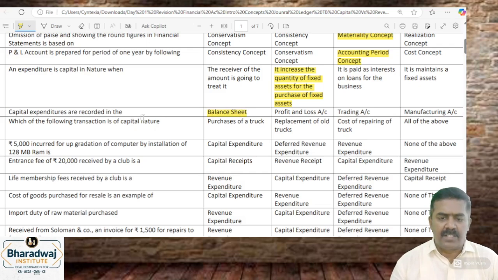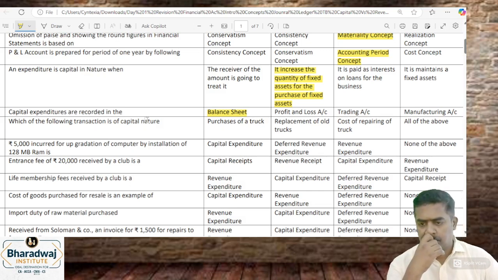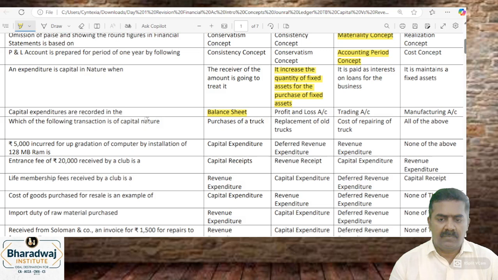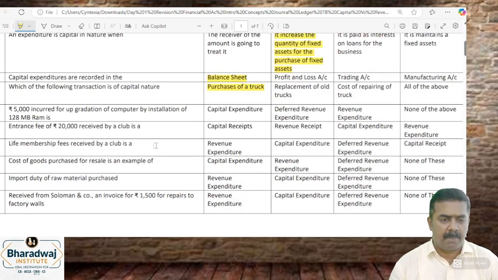Which of the following is a transaction of capital in nature? Purchase of the truck. Replacement is just like a revenue expenditure. Repairing is like a maintenance expense. Purchase of the truck is capital expenditure.